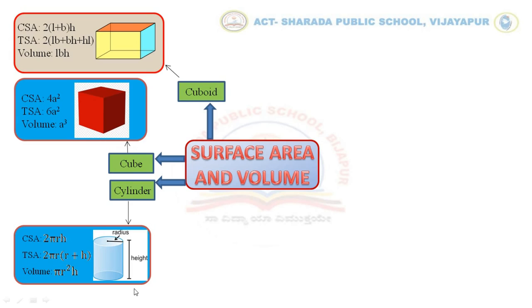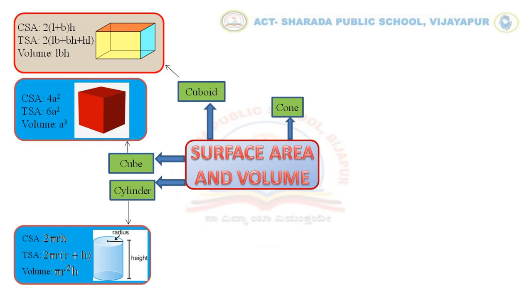The curved surface area is given by the formula 2 pi r h, whereas the total surface area includes the two circles. So the total surface area is equal to 2 pi r into (r plus h), and the volume is given by pi r square h.